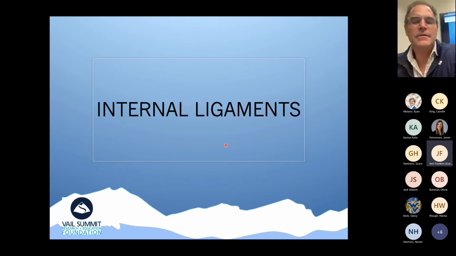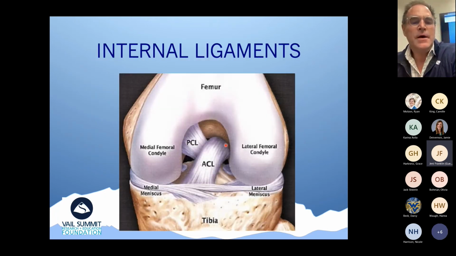Internal ligaments. Now we're getting into the juicy stuff, aren't we? So what do we see internal ligament wise there? What do those stand for? Where does the anterior cruciate ligament go from where to where? Okay, so it goes from, I think I heard you say, posterior femoral condyle to the anterior tibia.